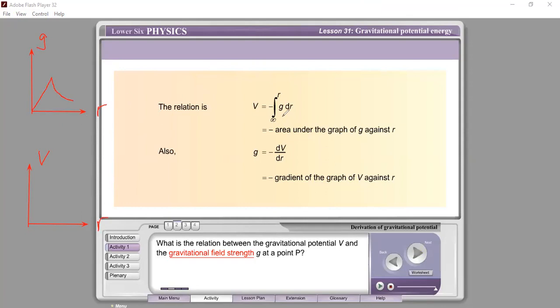So the area under the graph represents V.